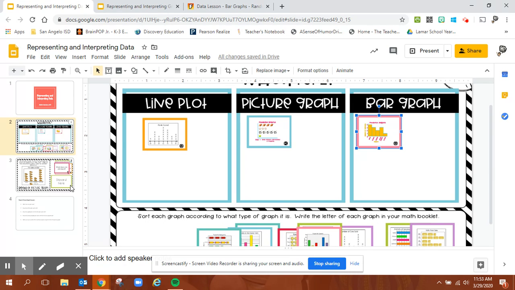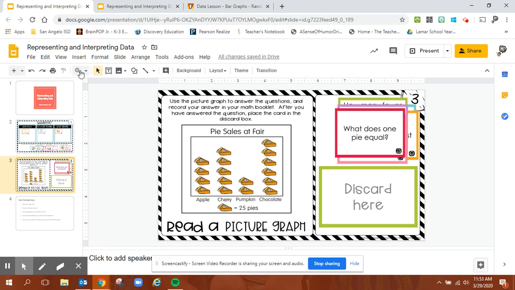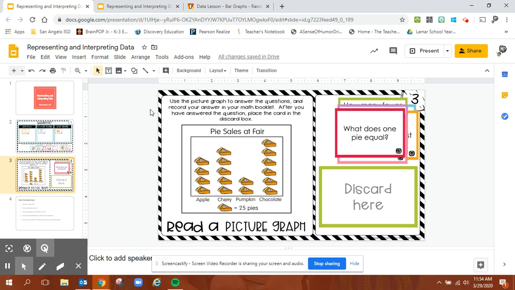All right, so let's go on to the next slide. Okay, let me zoom out. And if you need to zoom in and zoom out, this button right here with the little magnifying glass is your zoom, okay? All right, so slide 2 says use the picture graph to answer the questions.